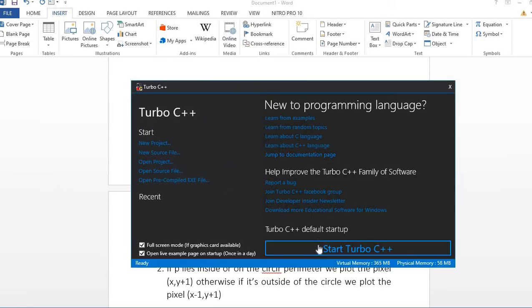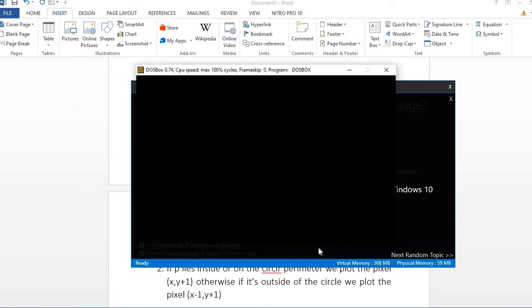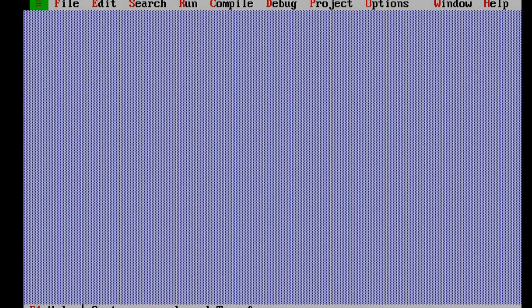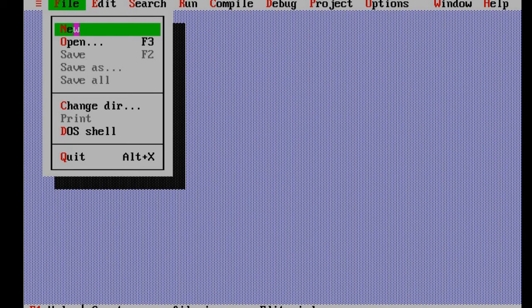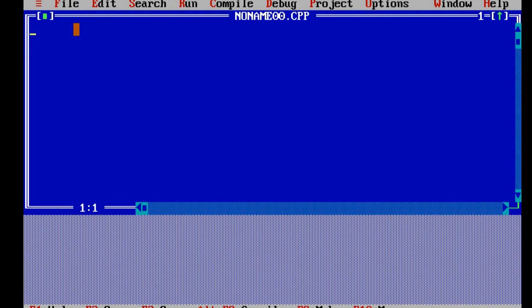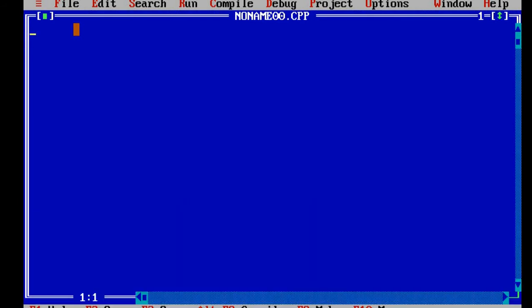First of all, we open Turbo C. Go to the file menu and open a new blank file. First we include the essential files. Hash include iostream.h.